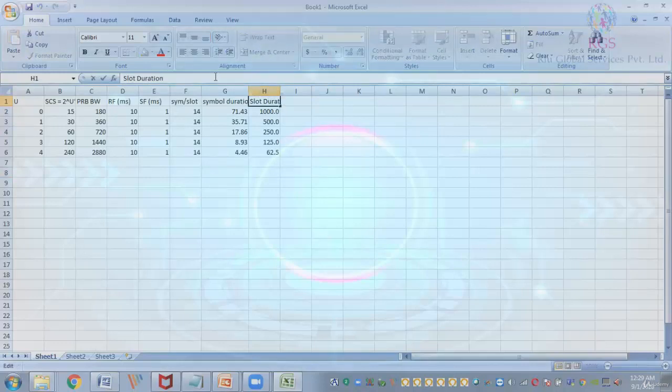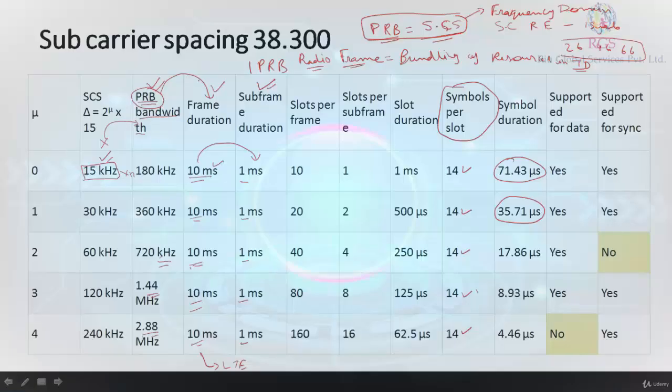So if I have to make them in milliseconds, what do I need to do? I need to divide this term by 1000. So here we go. Yes, they have kept it in microseconds only.